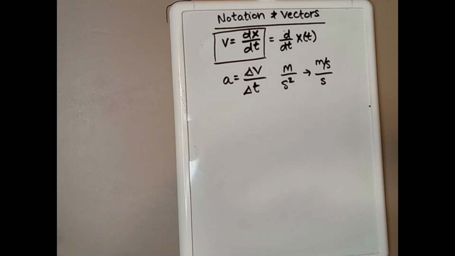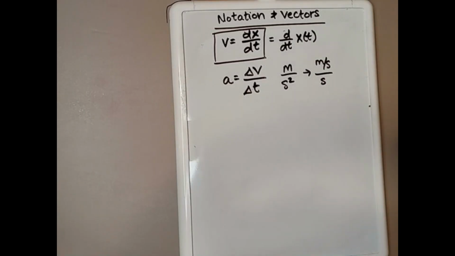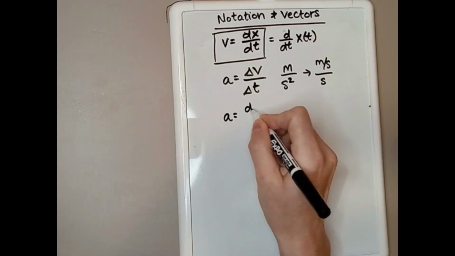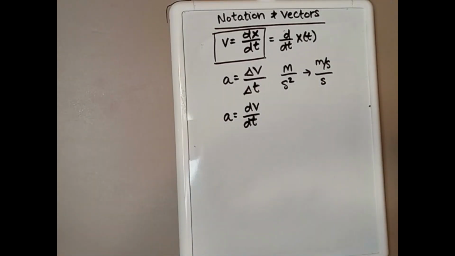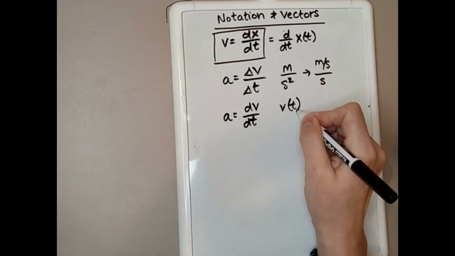That's an acceleration. An acceleration, since we have a change in velocity with respect to time, is, we say that it's a derivative of velocity. So acceleration we can write as dv over dt. And again, just like with position, our velocity is a function of time.